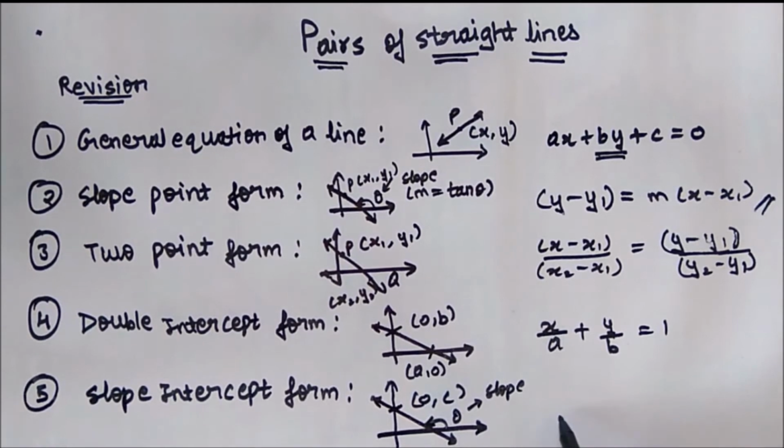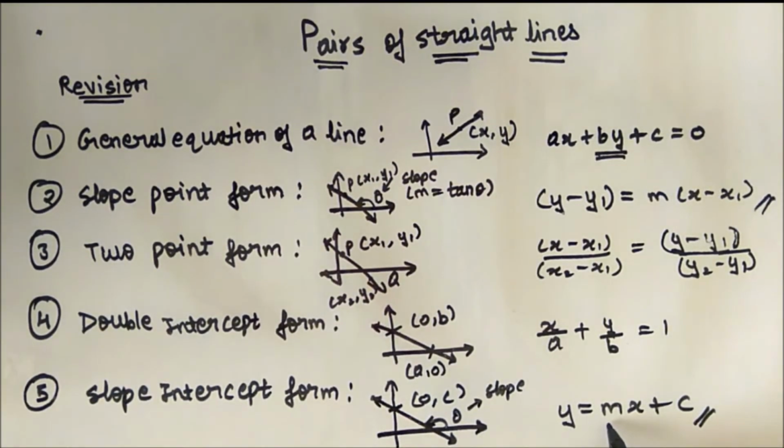So we use this relation y equal to mx plus c to find the equation of the required line. Here m is the slope and c is the y-intercept.